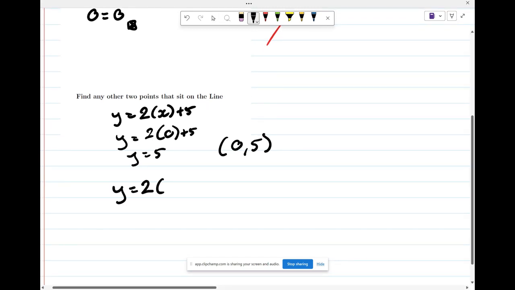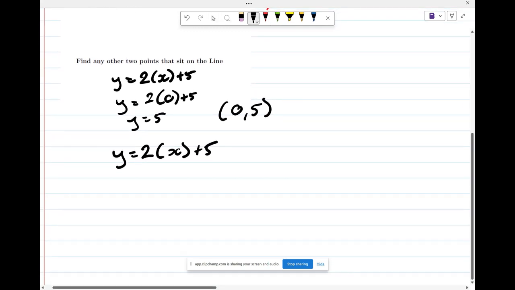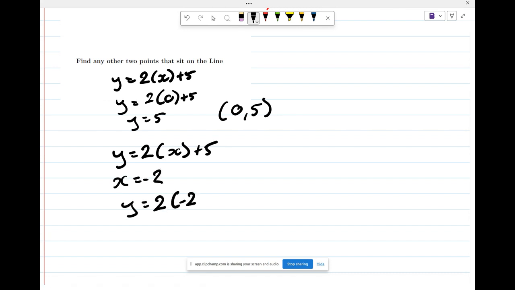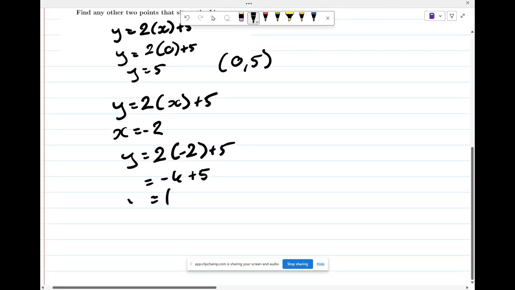We can also set x equal to something else and see what y is. If x is minus 2, then y is 2 times minus 2 plus 5, which is minus 4 plus 5, equal to 1. So the point (minus 2, 1) is on the line as well.